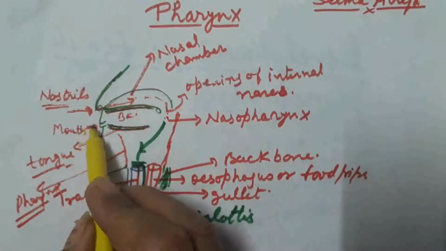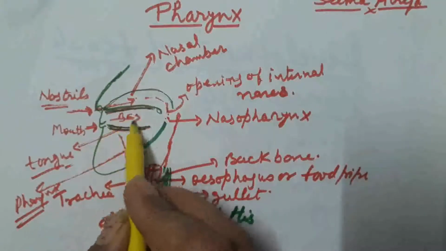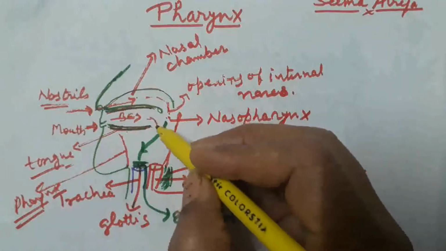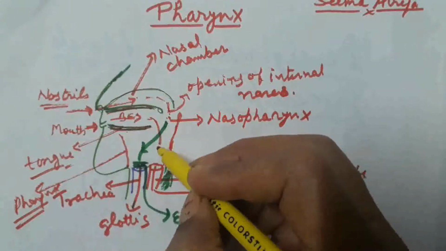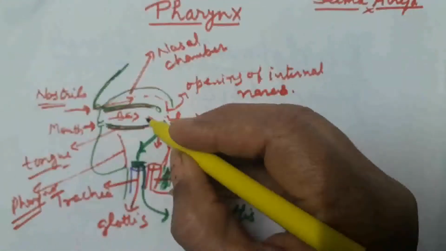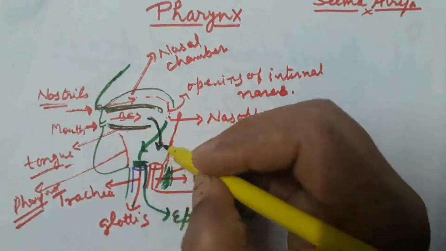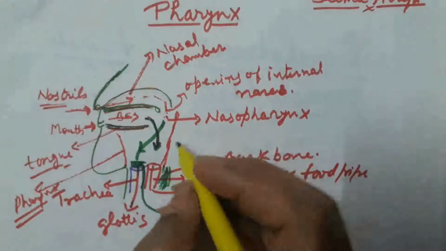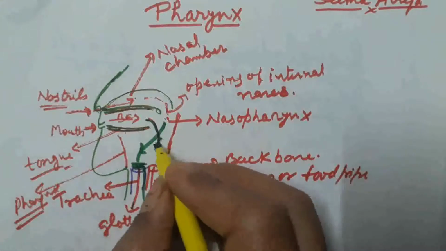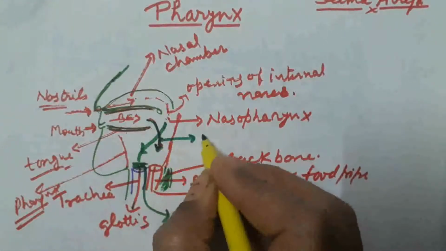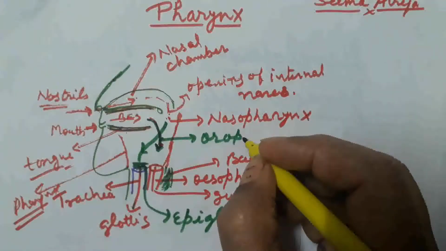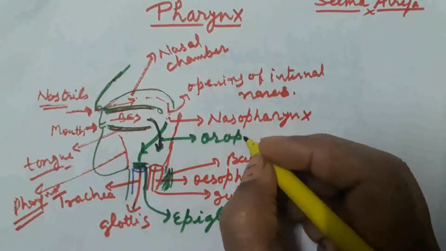food enters through the mouth into the buccal cavity, and through the buccal cavity food comes into the pharynx region. This region of pharynx where the buccal cavity opens is known as the oropharynx region, that is the middle of the pharynx, in which the buccal cavity passes the food material.